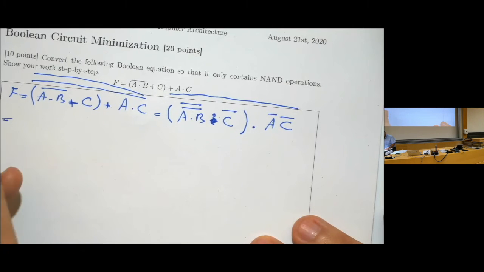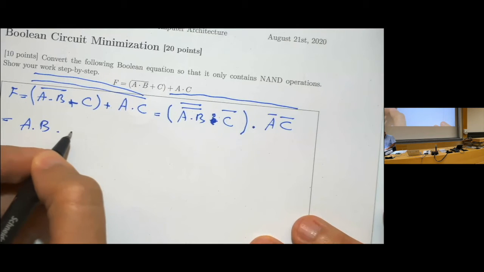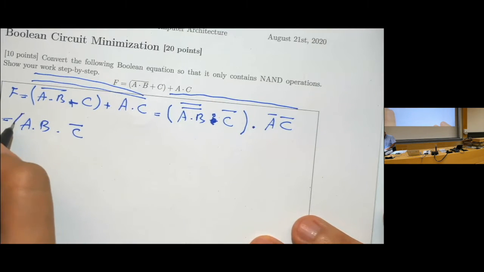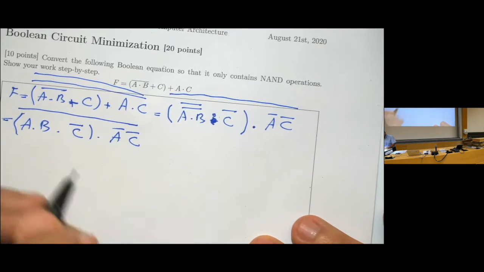So it is AB dot C bar dot A bar C bar and bar.